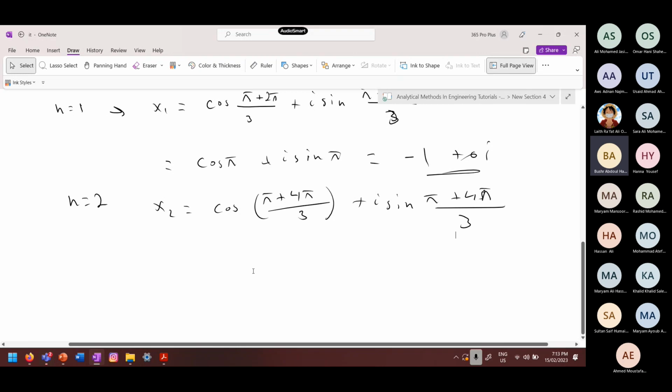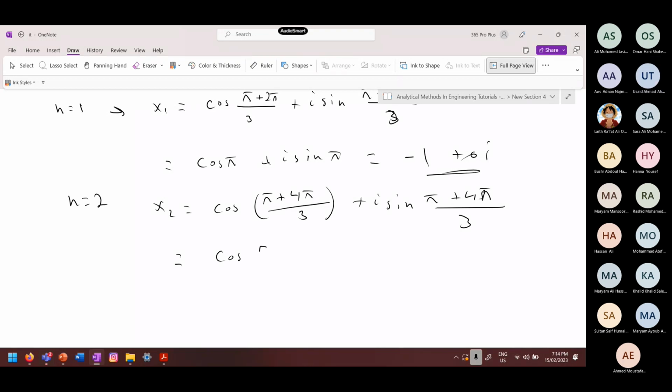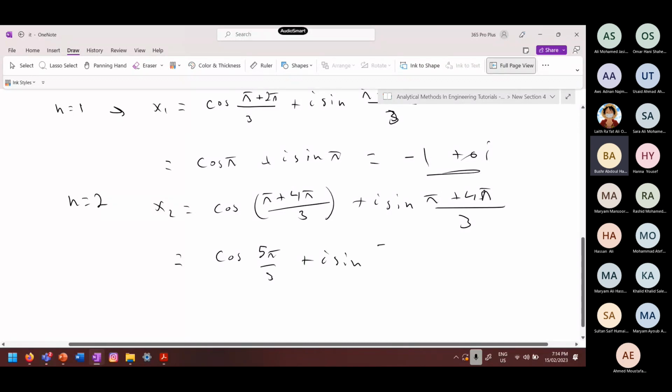It's not a table, actually, just given values. Cosine, simplify this. Pi plus 4 pi, which is what? Guys, talk to me. Hello. 5 pi. 5 pi over 3, plus i sine 5 pi over 3.